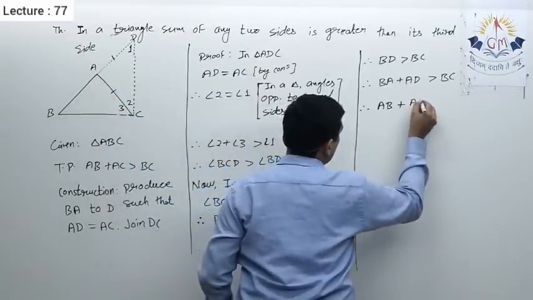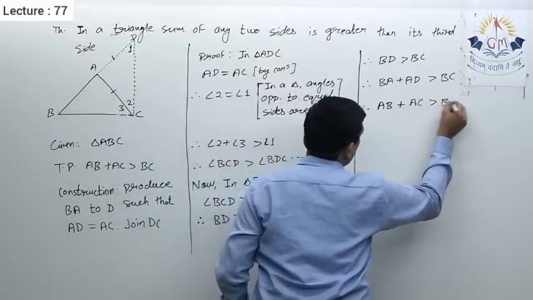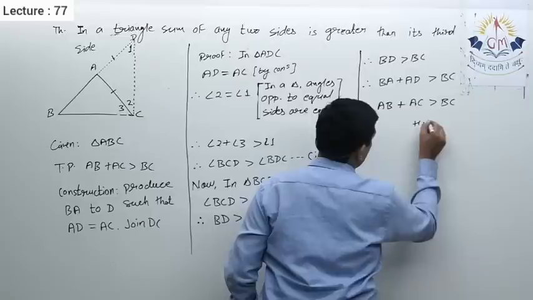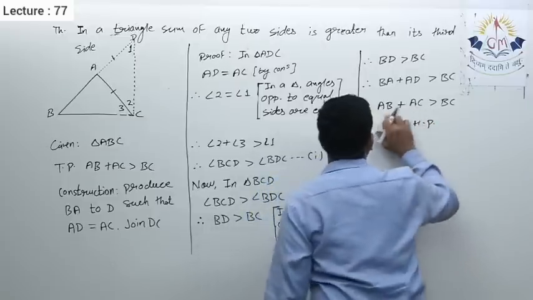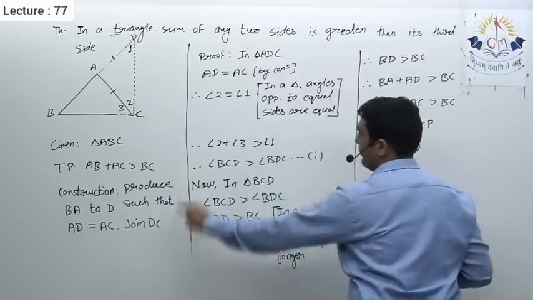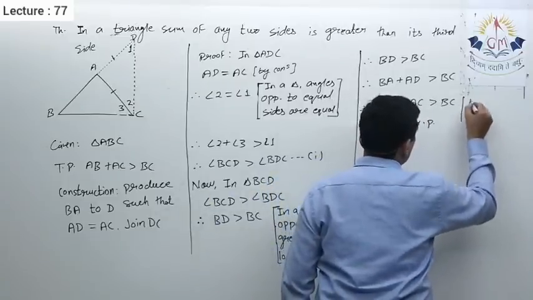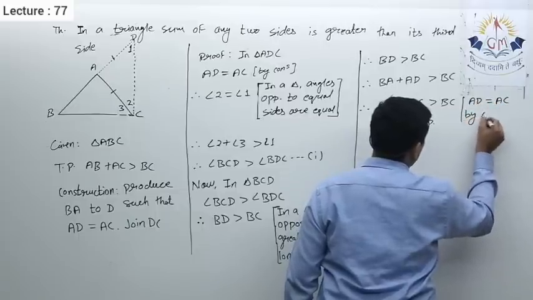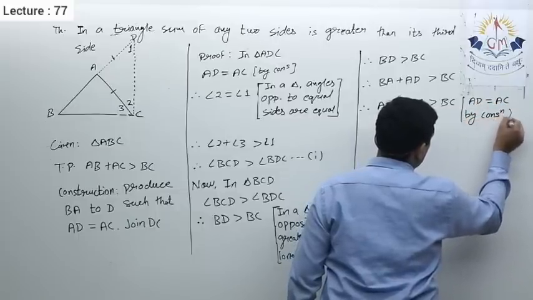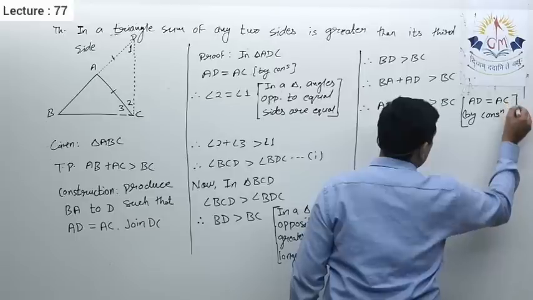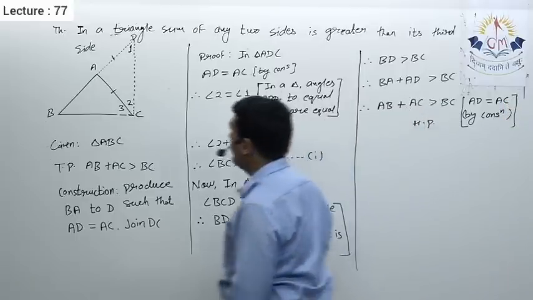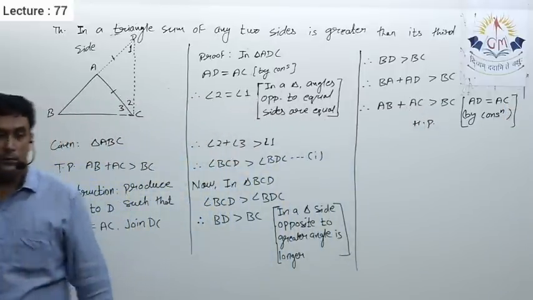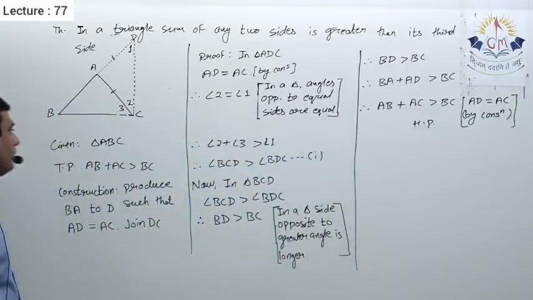So here I got my result. Hence proved: the sum of two sides AB plus AC is greater than BC. Reason: AD is equal to AC by construction. So note it down. Then we'll see the problems and questions based on these theorems or inequalities.